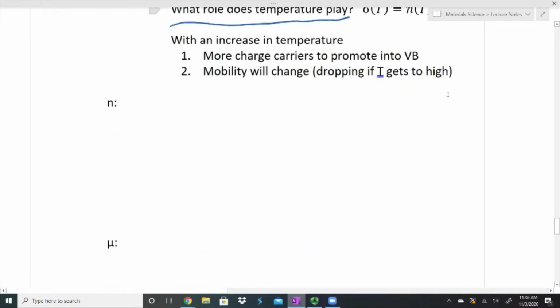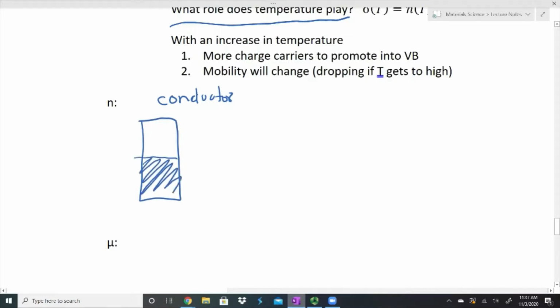All right, so let's draw a quick diagram here. For my N, I have what is happening in a conductor. In a conductor, I have this picture here, where at 0 Kelvin, this is the picture that I have.